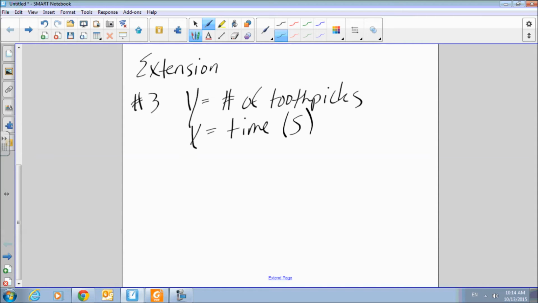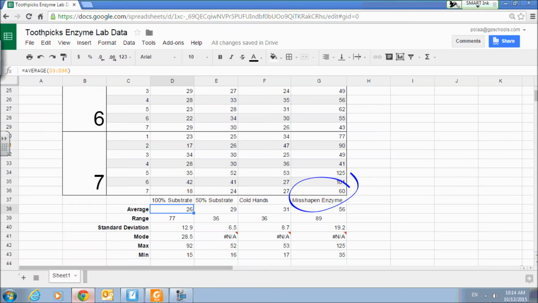So for part A, which was 100% toothpicks, it says we need to make an equation for how many toothpicks could be broken at any time on average. So the first thing you need to do is look at your rate of toothpicks broken on average.